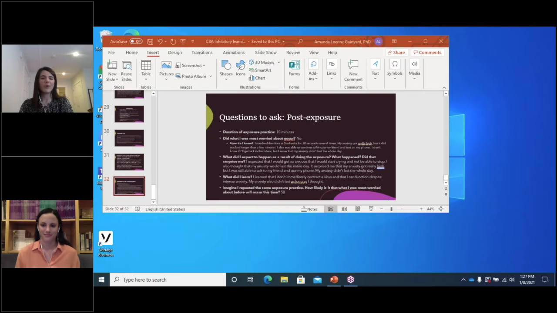So you can still do exposures where you touch something and then maybe you wash your hands 1 time. Or say somebody has the anxiety that if they wear their shoes in their apartment and don't take them off immediately, they're going to get COVID. It would be like, okay, well, maybe wear your shoes around your apartment.